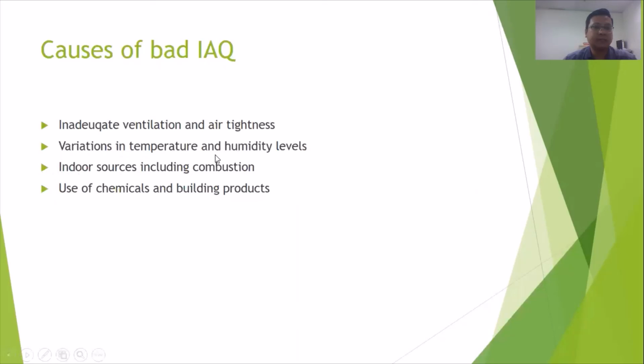Combustion from the garage also contributes. Anything else you can see from the slide.